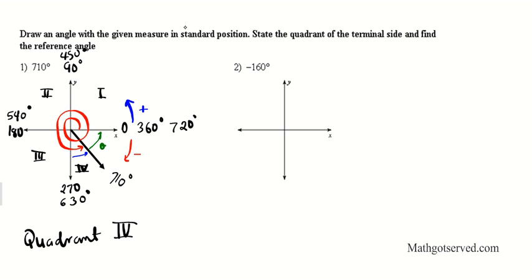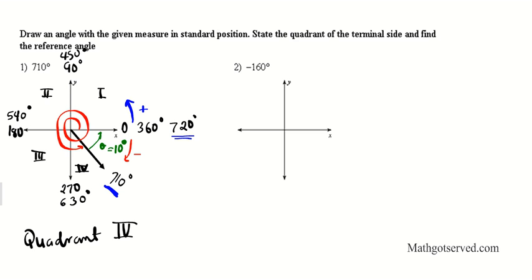This is 710, right? To find this remaining angle, I can simply subtract 710 from 720. How many more degrees from 710 will take you to 720? Simply 10 more degrees. So this angle right here is the reference angle, 10 degrees.